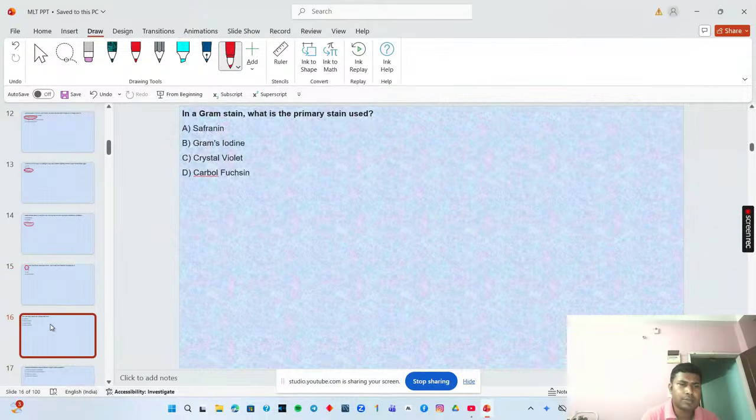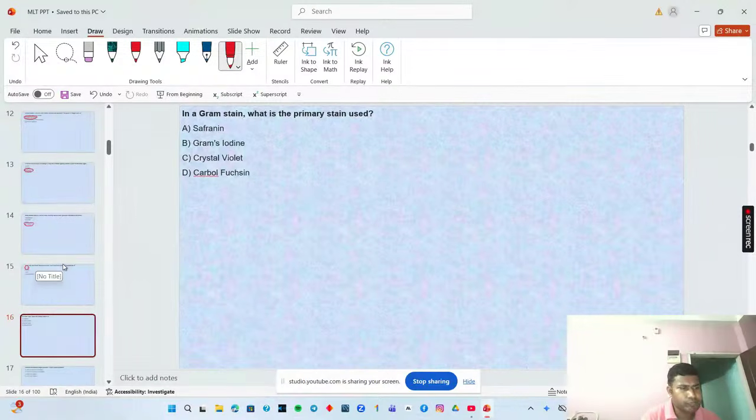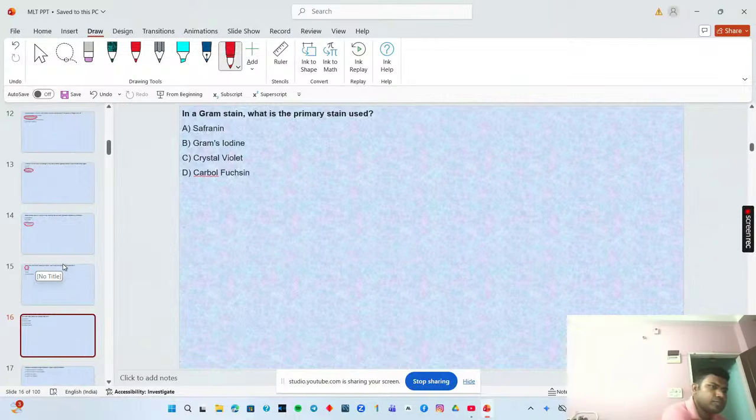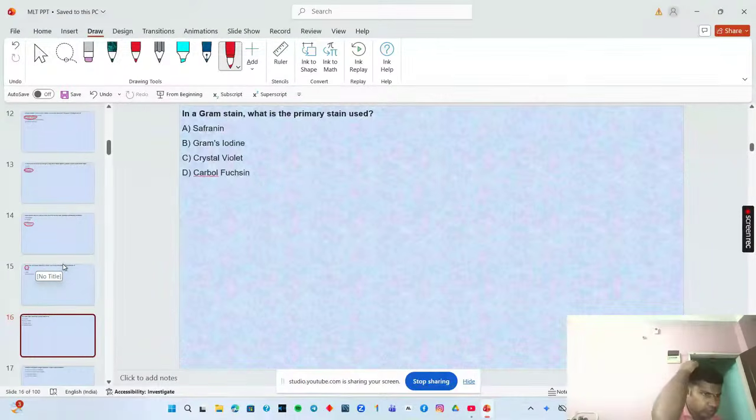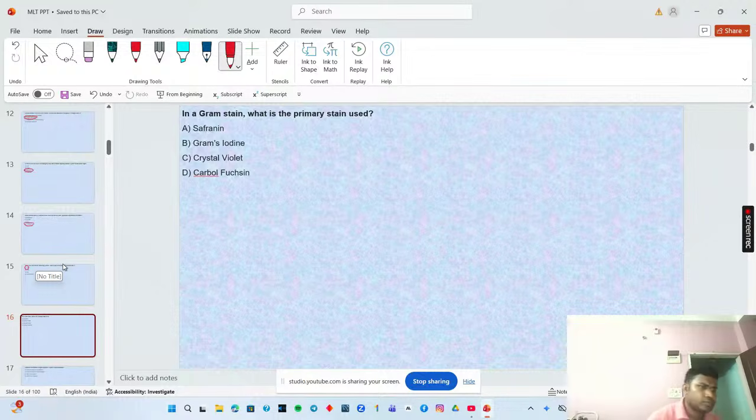The next question is: in a Gram staining process, what is the primary stain used? Can anyone tell me? In the Gram staining process, what is the primary stain?